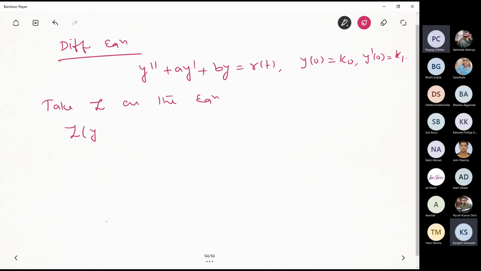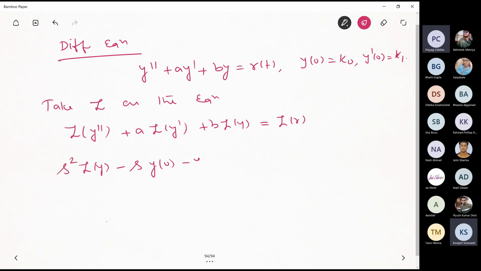So we have L of y double prime plus a into L of y prime plus b into L of y equals L of r. So for y double prime, I know, it is s square into the Laplace transform of y minus s into y(0) minus y prime(0), plus a into s into the Laplace transform of y minus y(0), plus b into the Laplace transform of y, which equals R(s), which is the Laplace transform of small r.